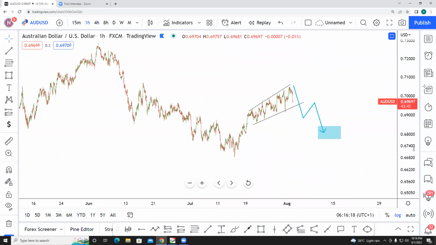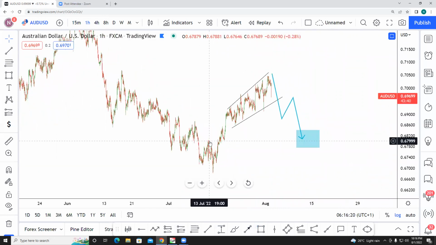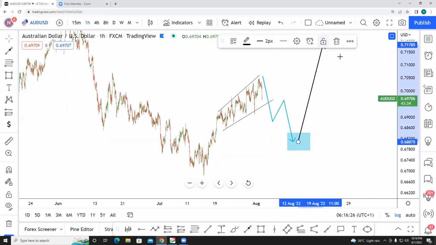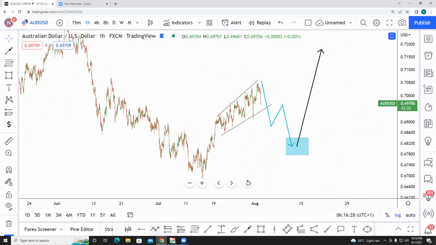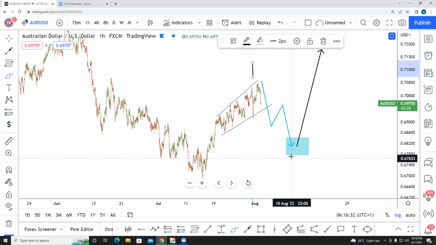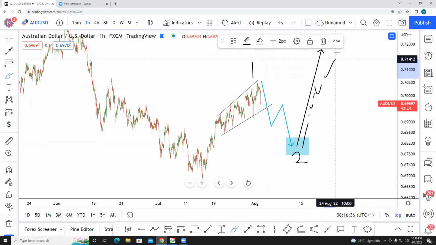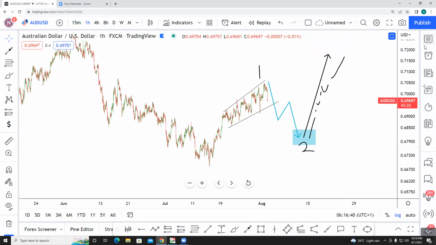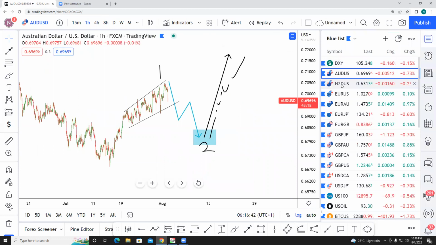Now, what you are going to see is that at this demand level, I'm going to see this pair commence a move to the upside. In that case, it means the leading diagonal is with 1, then you have 2, then here you have 3 to the upside.